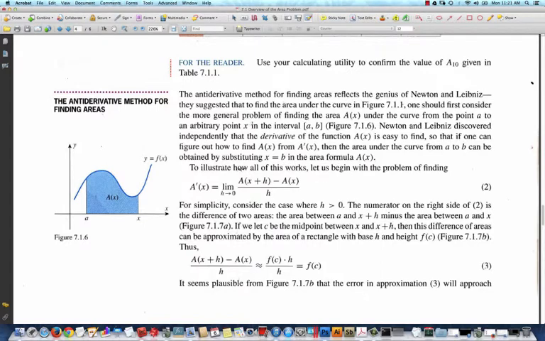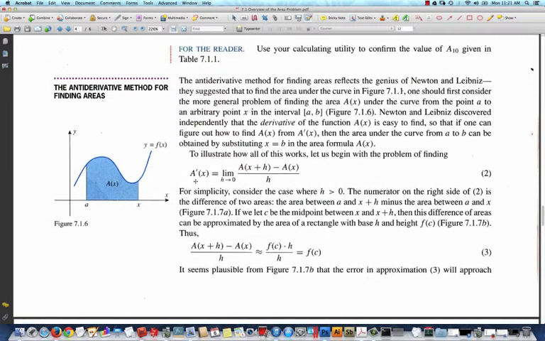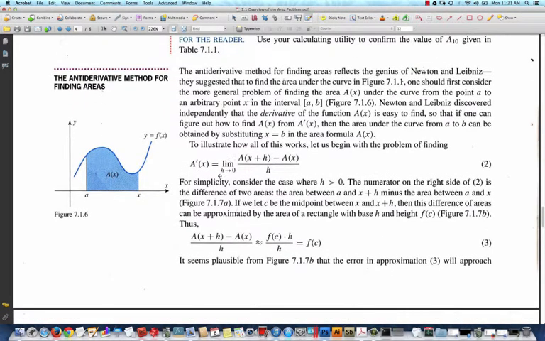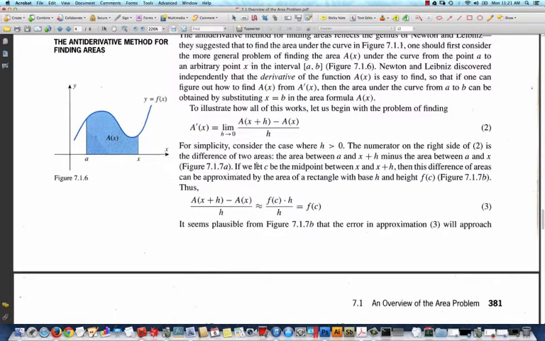To illustrate how all of this works, let us begin with the problem of finding A prime of x, which is the limit as h goes to 0 of A of x plus h minus A of x all over h. That's the difference quotient. For simplicity, consider the case where h is greater than 0. The numerator is the difference of the two areas: the area between a and x plus h minus the area between a and x.